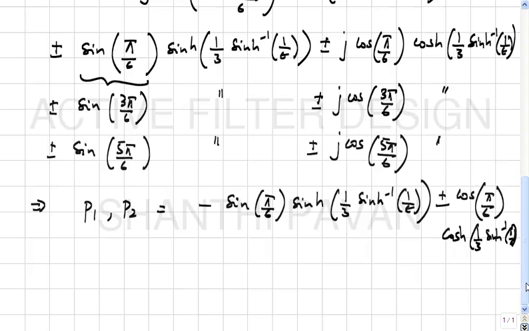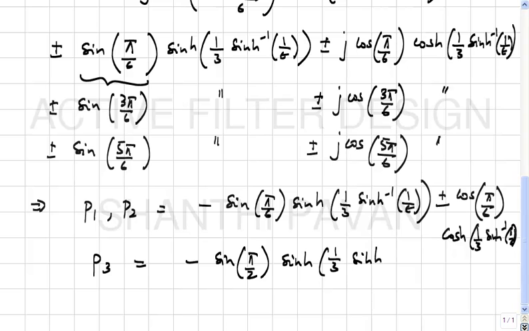This is a pole pair that you want. How many poles are you looking for? 3 poles. Another pole P3 is given by minus sine 3 pi by 6, which is pi by 2. So minus sine pi by 2 times sinh of 1/3 sinh inverse of 1 by epsilon.